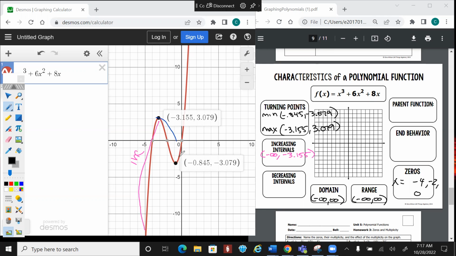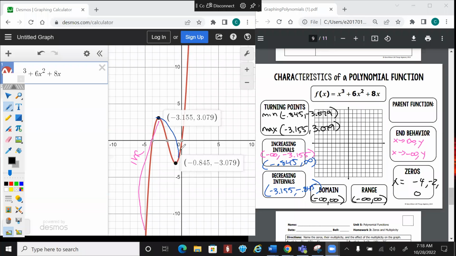We're going to decrease right here, so that's going to be from -3.155 to -0.845. And then we're going to increase again at -0.845 to +infinity. As x approaches to the right, my y values are going to increase. As x approaches to the left, my y values are decreasing.